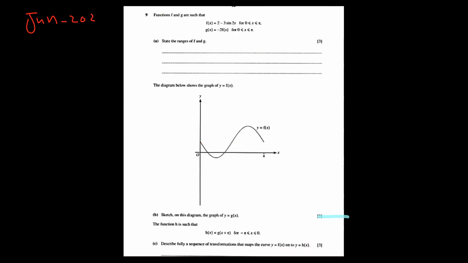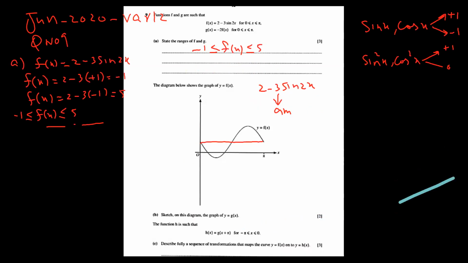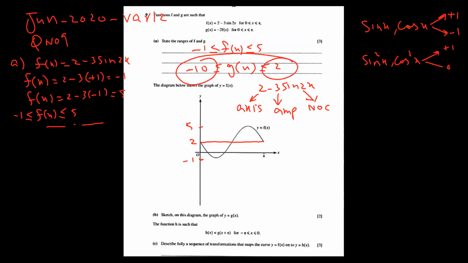This is done. So alhamdulillah, I believe all of you are understanding well up till now. So let's talk about it: he said that now you have to sketch g. So how to sketch it? You can see that the highest value is 2 and the lowest is -10. First I show a rough idea.